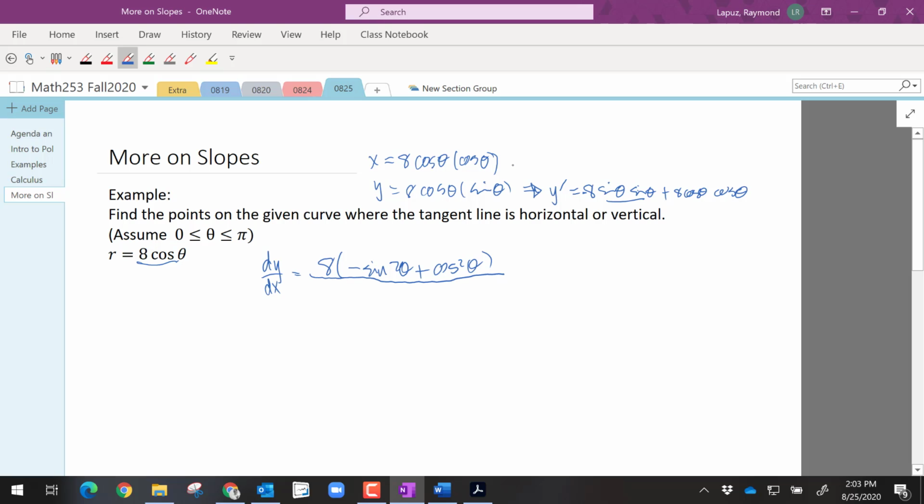So that's the numerator. The denominator will be x prime, and that's going to be the derivative of the first times the second.